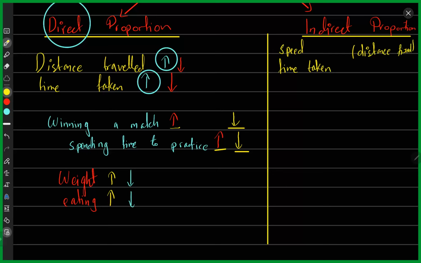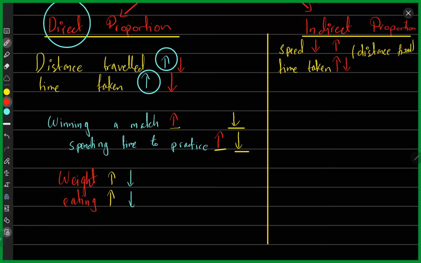Now imagine I need to travel 1 kilometer. My distance is fixed. If I take 10 minutes to travel that distance, I would have a certain speed. And if I take 20 minutes, my speed would be less. This means if I take more time to travel 1 kilometer of distance, my speed would be less. And if I take less time to cover that same distance, my speed would be more.